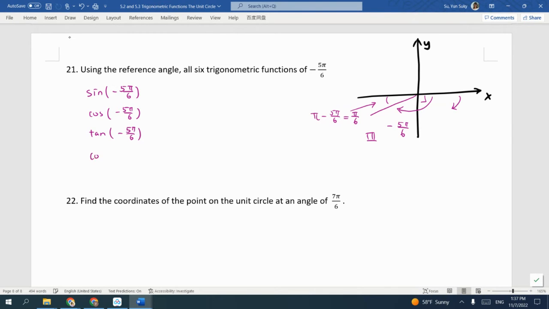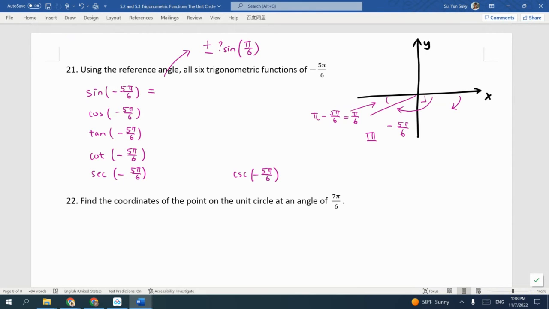So we want sine of negative 5 pi over 6, cosine, tangent, cotangent, secant, and cosecant of negative 5 pi over 6. The value will be plus or minus the trig values of the angle pi over 6.